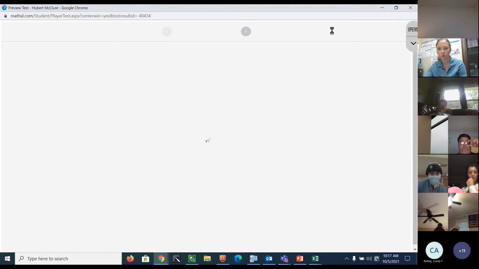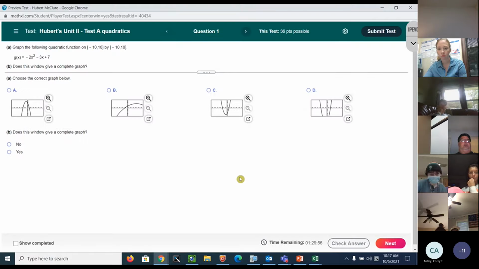Oh, there's one question right there. They want you to graph it on the graphing calculator. Choose the graph. And does this window give a complete graph? Let's type it in.